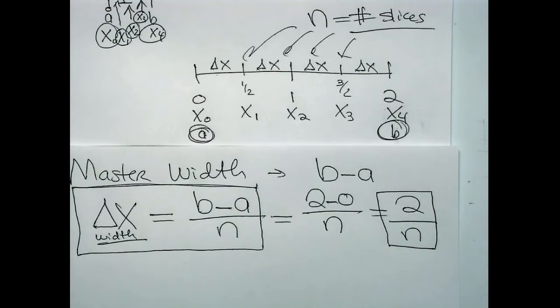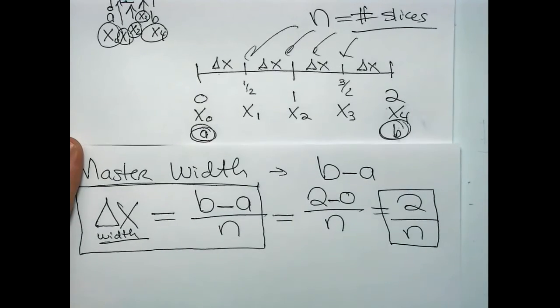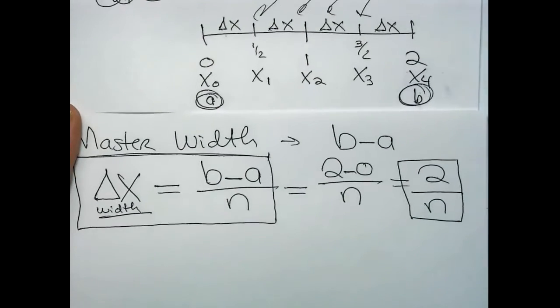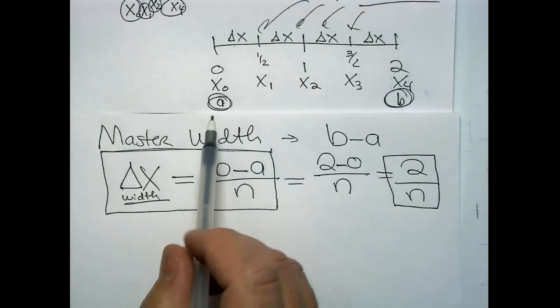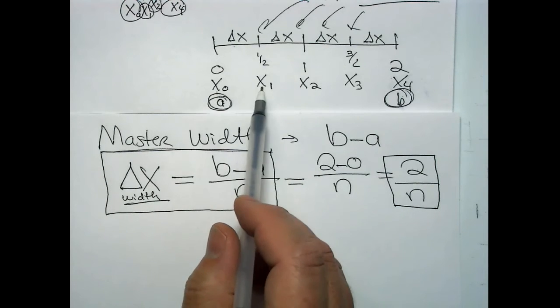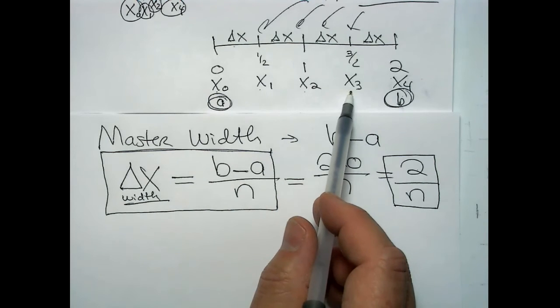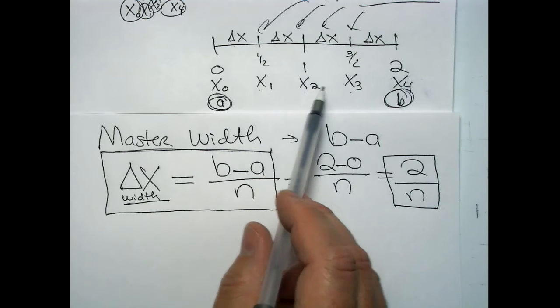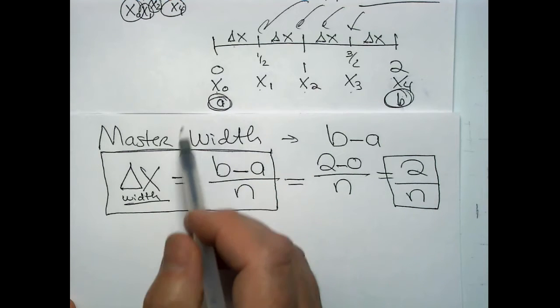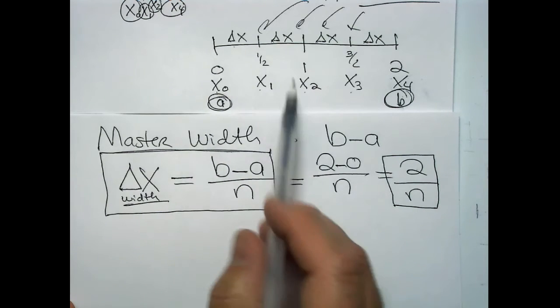The next thing I'd like to establish is what I call the pointer. The pointer is what allows me to point to any specific x value anytime I like. I want to use the information that we have, which is a and delta x.